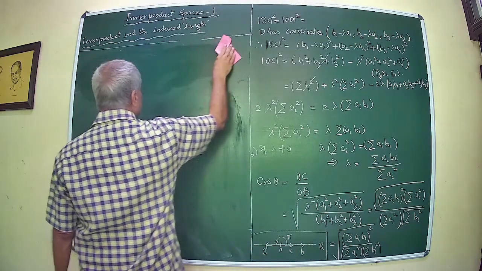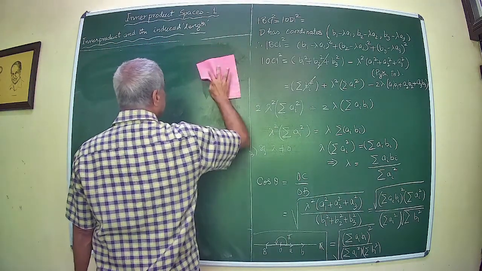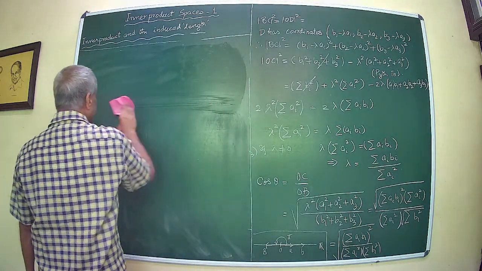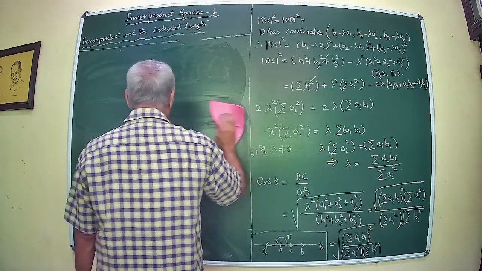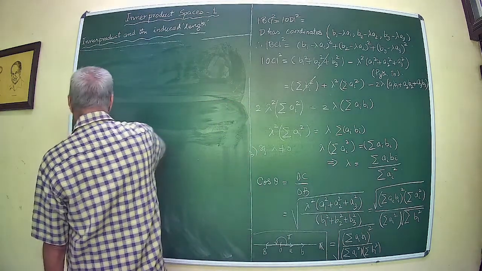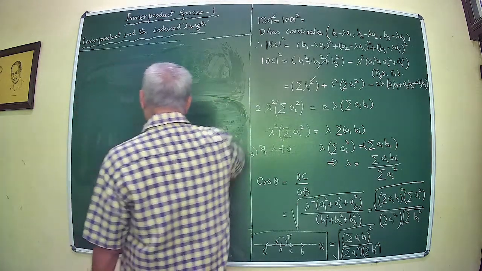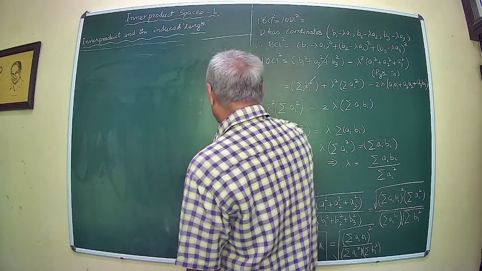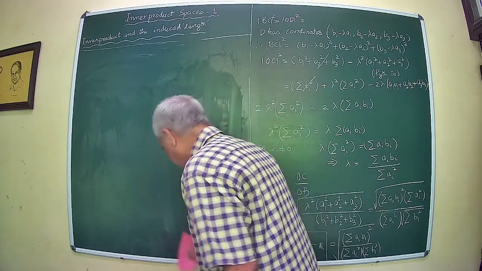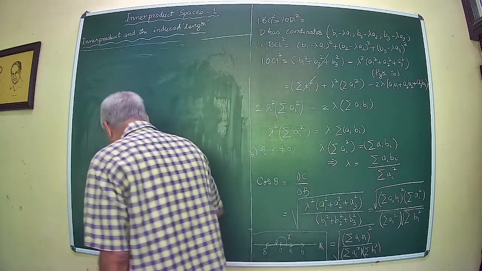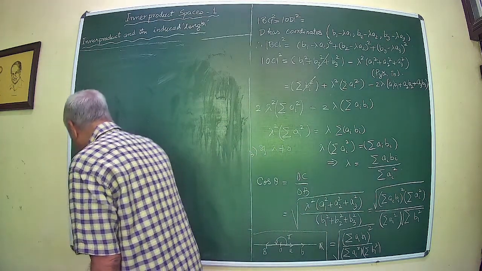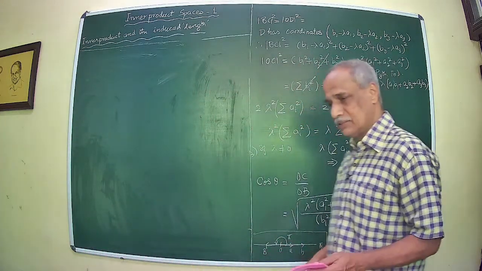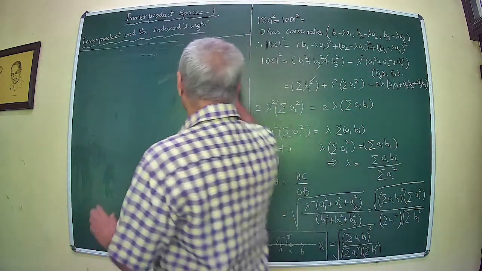So the dot product essentially helps you to define the angle between two vectors as well as its length. So that's a new structure that we are introducing, from which you can also get the length of a vector. So let us look at this. What are the properties of this?